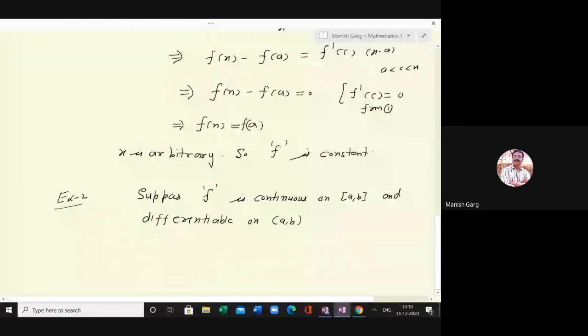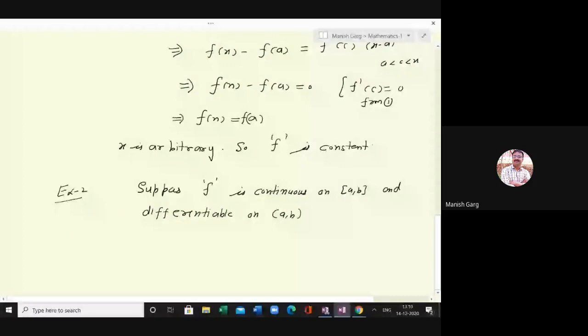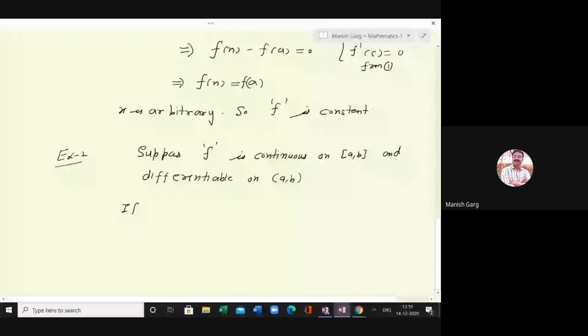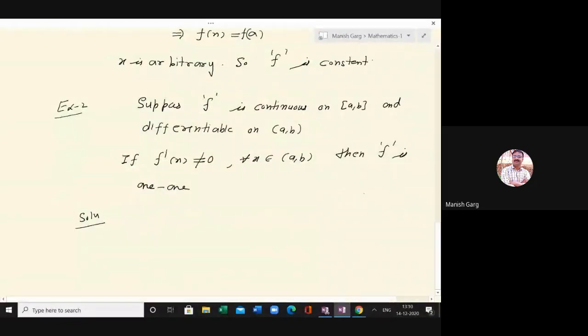It says if f dash x is not equal to 0 for all x in (a, b), then f is one-one. So if you know about f dash x, you can conclude something about f. If you want to prove f is one-one, how can you prove it? There are two ways.